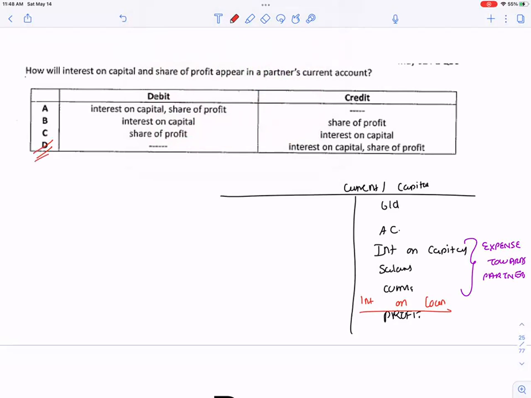What comes on the debit side? Can you tell me? Jonathan: interest on drawings first, and then closing balance, balance carried down. But you don't know this format?